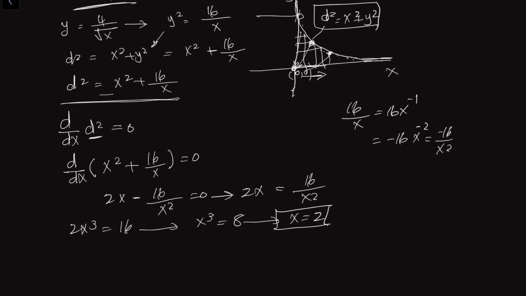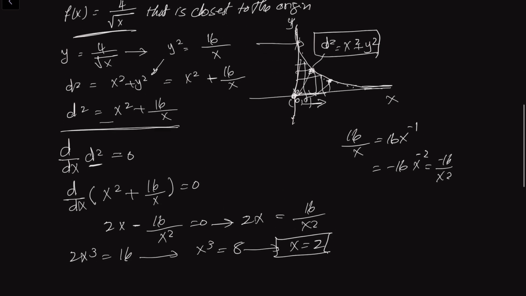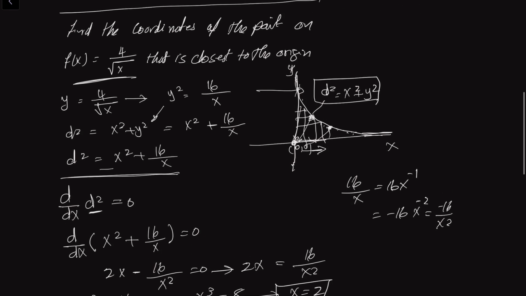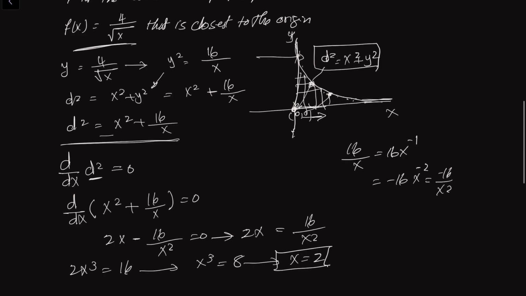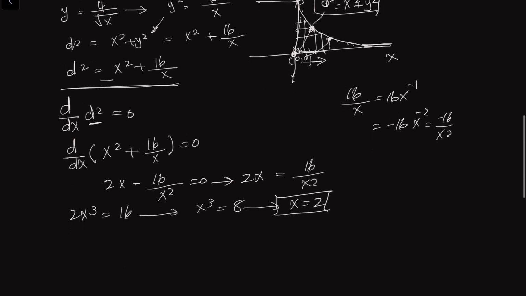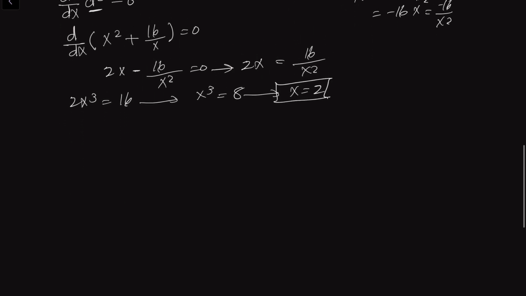So we can go back and substitute to get the y value from the original equation, which is right here. y squared equals 16 over x, 16 over 2 equal 8.